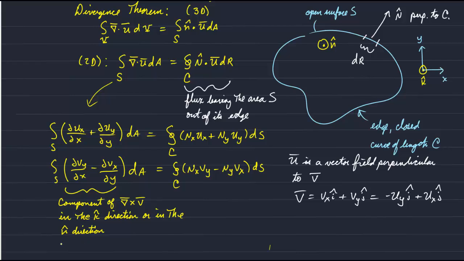And so this left-hand side becomes the integral over the surface of n hat dotted with the curl of V. That gives the n hat component or k hat component of the curl integrated over the area of our surface.